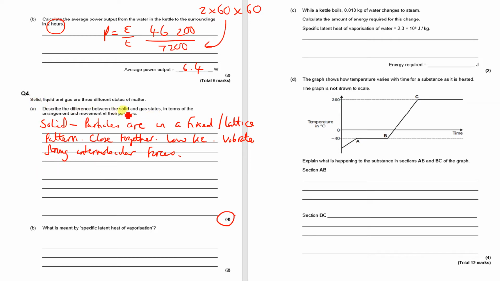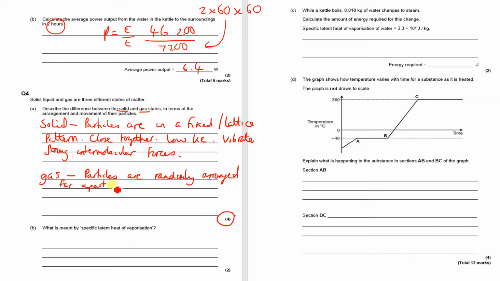So we're doing a solid and a gas. In terms of a gas, we can just look at the ones above and think, how is it in a gas? So particles are in a fixed lattice. Well, in a gas, the particles are randomly arranged. Are they close together? No, they're far apart.